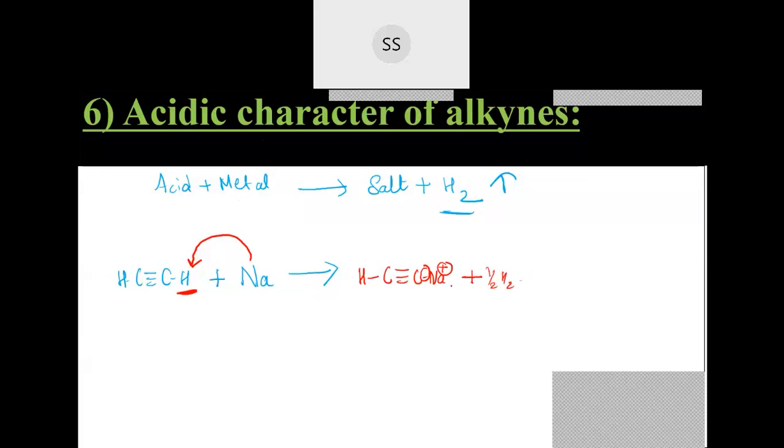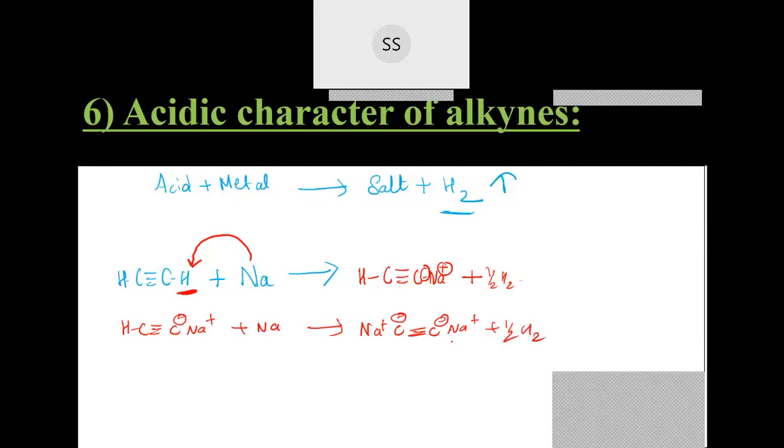Further, if you take this compound, HC triple bond C minus Na plus, and make it react with sodium, again the sodium displaces the hydrogen, and the compound you get is Na plus C minus triple bond C minus Na plus. Again half H2, hydrogen gas, is released.